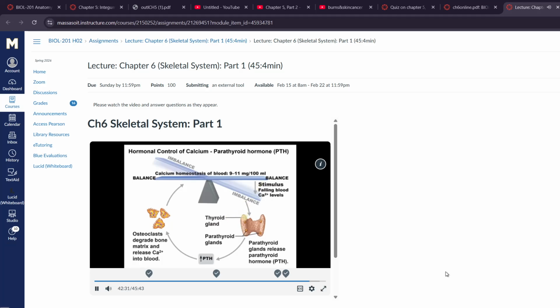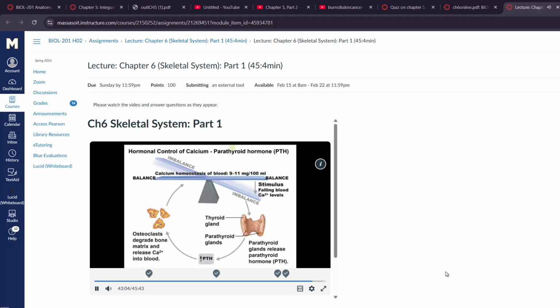So when blood passes by the parathyroid glands, if the levels of calcium are too low, the parathyroid gland releases parathyroid hormone, and it travels through your blood all the way to your bone. When it gets to your bone, it activates these osteoclasts. Remember, these are the bone breaking down cells, and they chomp on the matrix of bone and release calcium. That calcium goes into your blood, and now the blood calcium levels go up. So you're back in homeostasis.